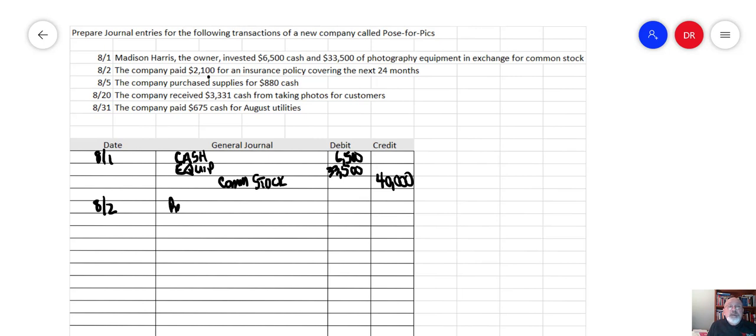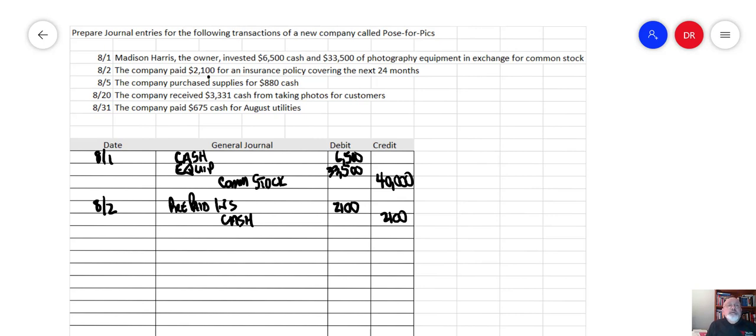So we have prepaid insurance, $2,100, and the credit will be to cash because we paid for it in cash, $2,100. Okay.